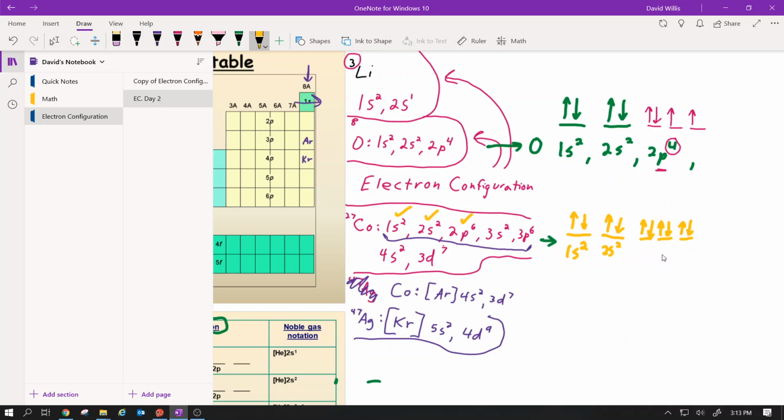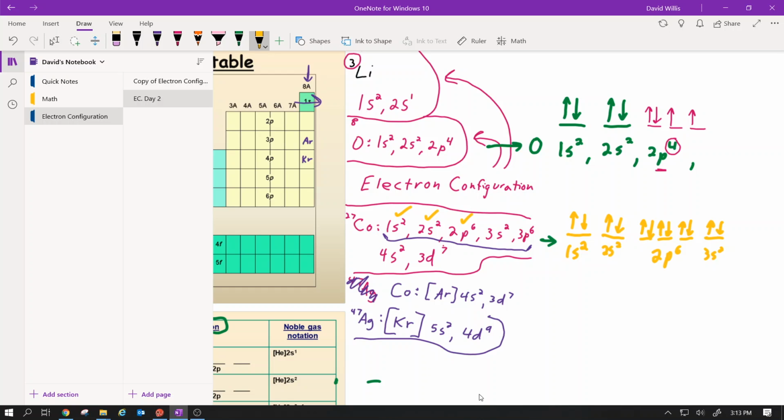All of that is the 2p6 orbitals. 3s2: up, down. Then 3p6.